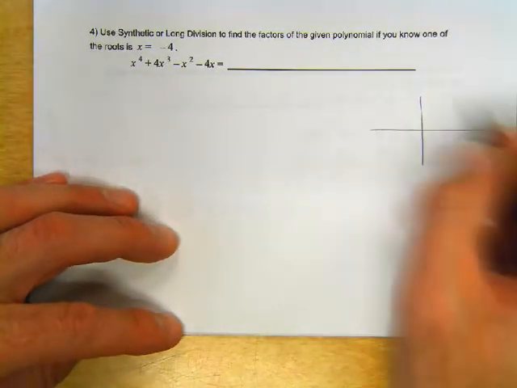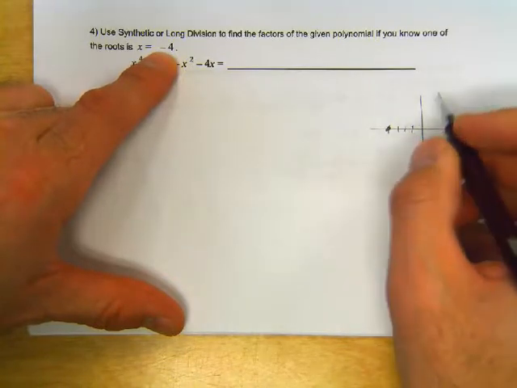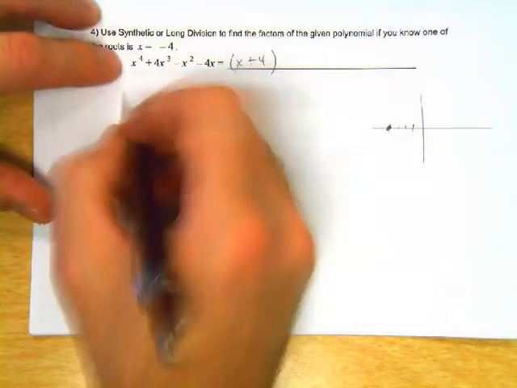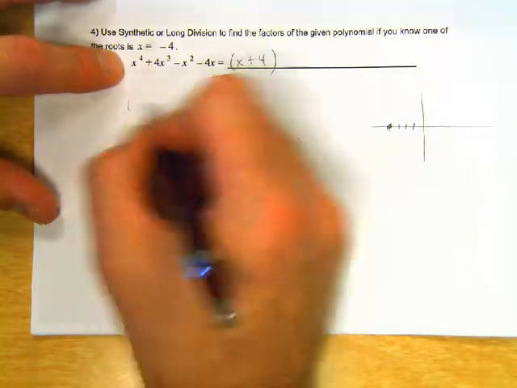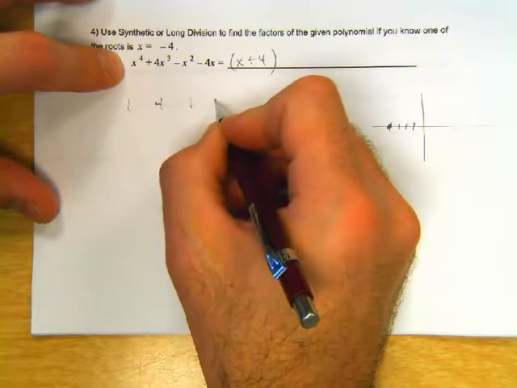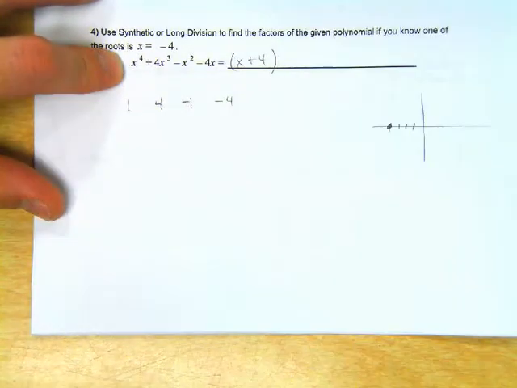Let's see, if we have a root at negative 4, that means we're going to have x plus 4. So we're going to go 1, 4, 1. Hey class, I'm going to interrupt you and give you a warning right here.